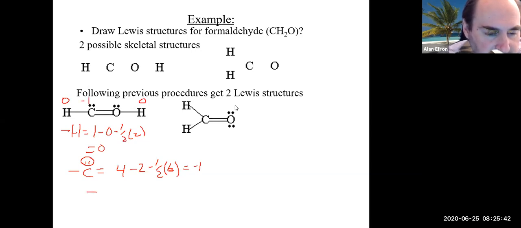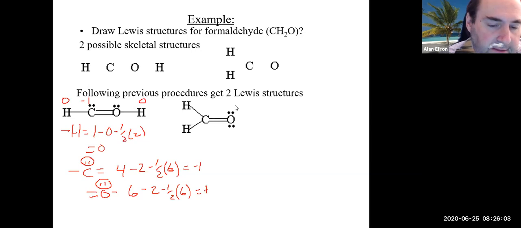And our oxygen, we have 6 minus 2, our 2 here, then we have 2, 4, 6 minus 1/2 of 6. And that gets us +1, I believe. So 6 minus 2 is 4, minus 3 is +1 in this particular case. So for the structure on the left, we hit 0, -1, +1, and 0.